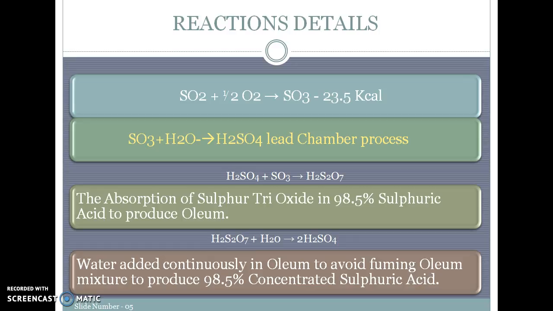You can see the reaction where SO3 is absorbed into H2SO4 to give you oleum, which can go to 98.5%. So basically, absorption of sulfur trioxide into H2SO4 gives 98.5% sulfuric acid. Now oleum can be defined as a concentrated sulfuric acid, and it is very easy to get back to H2SO4 by just adding water.